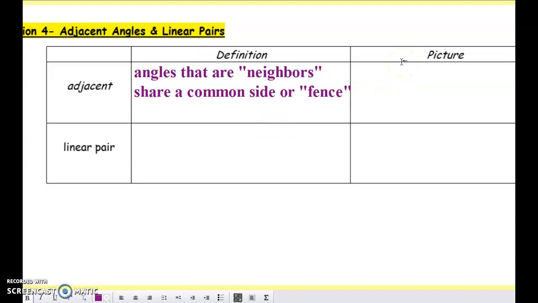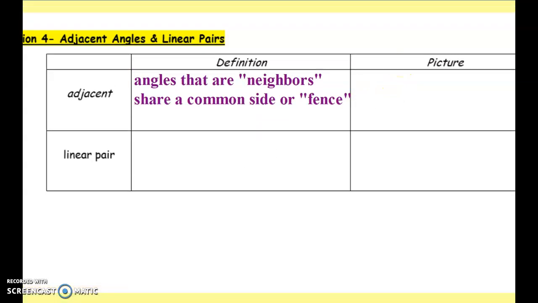All right, so as far as a picture goes, there's many different pictures I could show you. I could have something like this, angle 1 and angle 2, they are neighbors and they share this common fence here in the middle. I could show you it upside down, something like this. 1 and 2, they are adjacent.